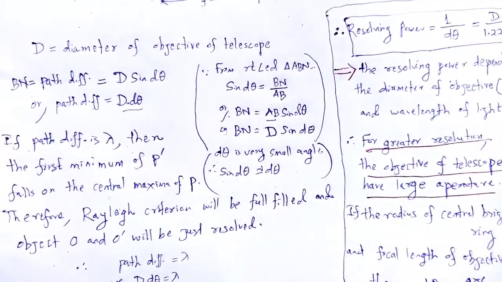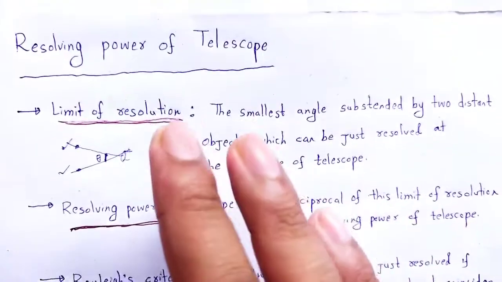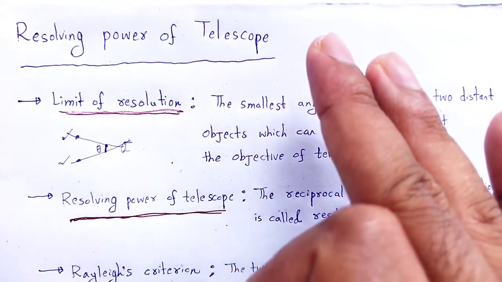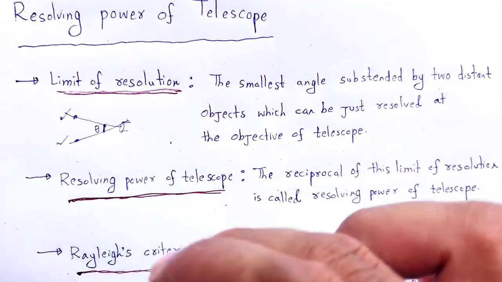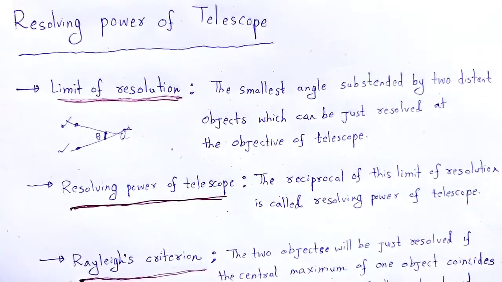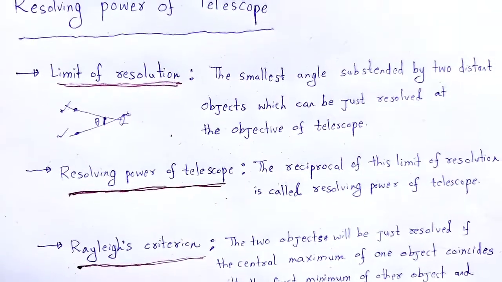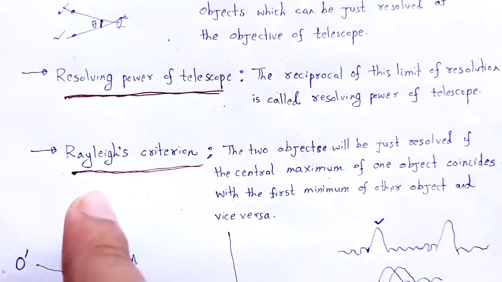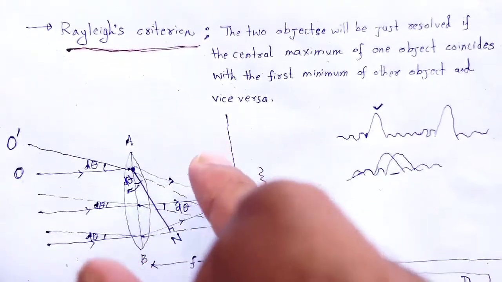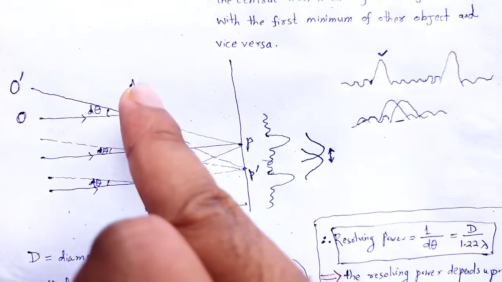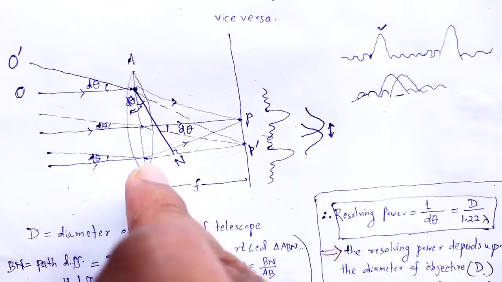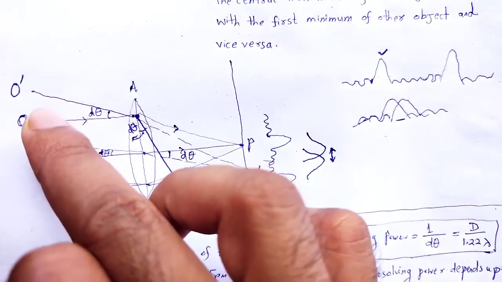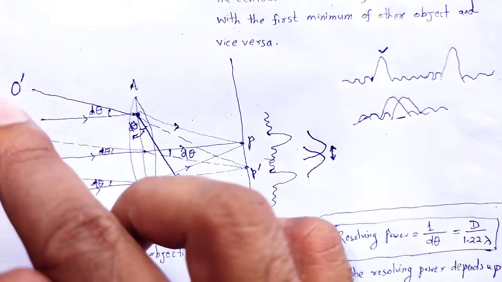So, with the help of this video lecture, we understand the resolving power of a telescope on the basis of three technical terms mostly used: limit of resolution, resolving power of telescope, and Rayleigh's criterion. Objective of telescope having diameter capital D, two objects O and O dash placed at infinity.